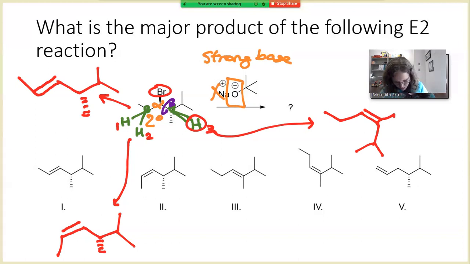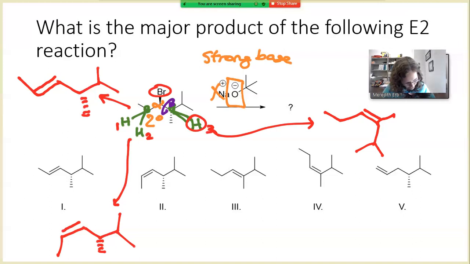So this product is the only product that's possible to form. Because there's only one beta H, we can only form one stereoisomer. So the product where the 2 biggest groups are opposite is not possible. Right? So now that we know the products that we can form, let's think about our answer choices.